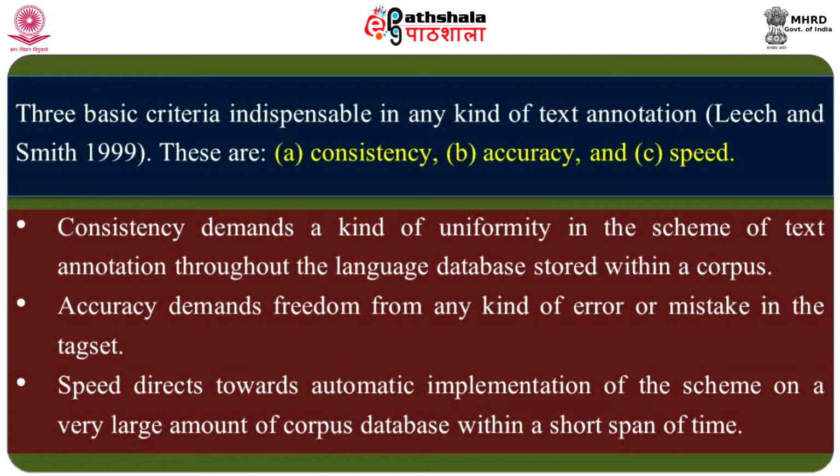Consistency demands a kind of uniformity in the scheme of text annotation throughout the language database stored within a corpus. Accuracy demands freedom from any kind of error or mistake in the tagset. And speed directs towards automatic implementation of this scheme on a very large amount of corpus database within a short span of time.